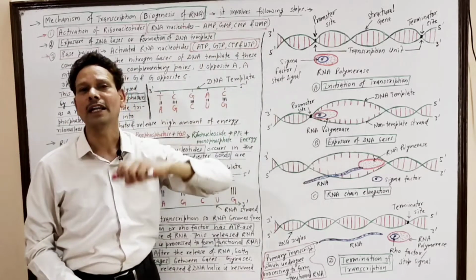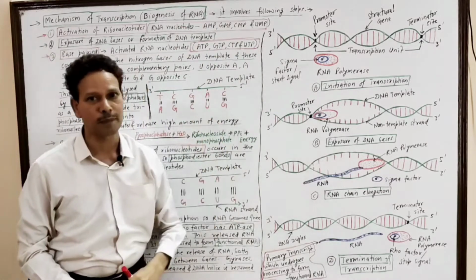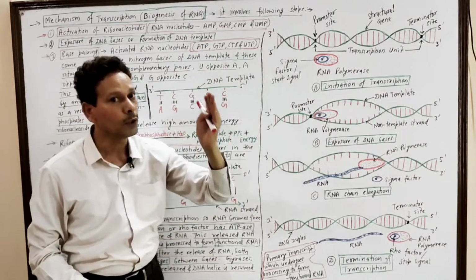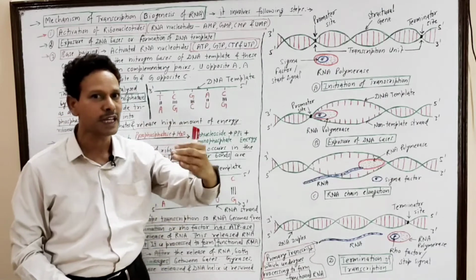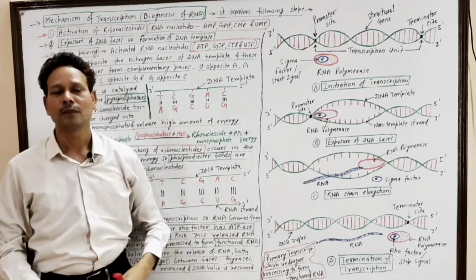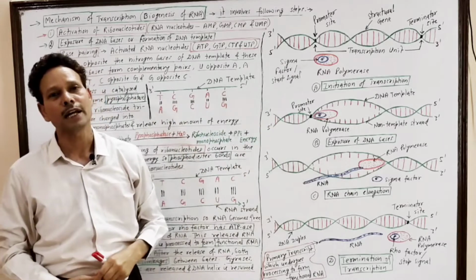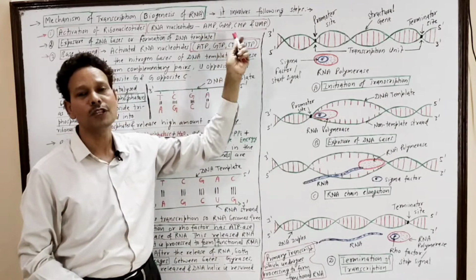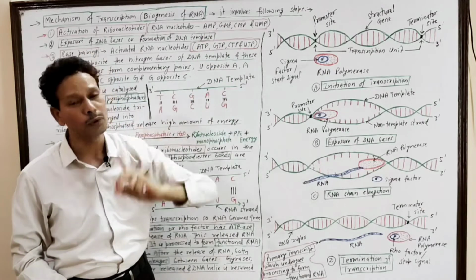This entire mechanism involves the following steps. Step number first, that is activation of RNA nucleotides. Dear students, as we know, in case of RNA, 4 different types of nitrogen bases are involved. These RNA nucleotides are AMP, GMP, CMP and UMP.